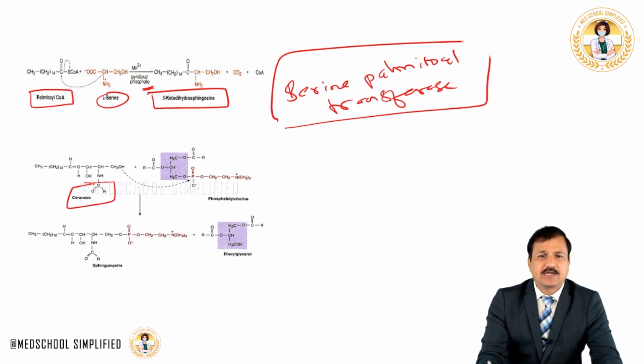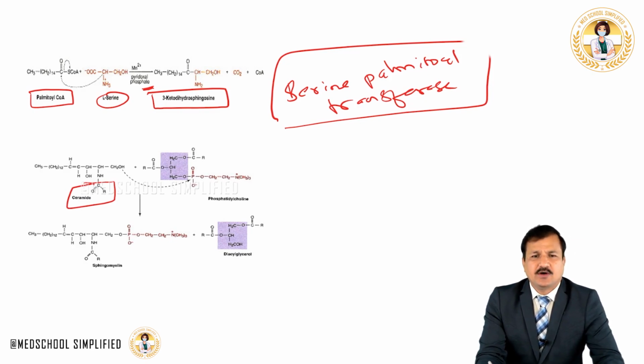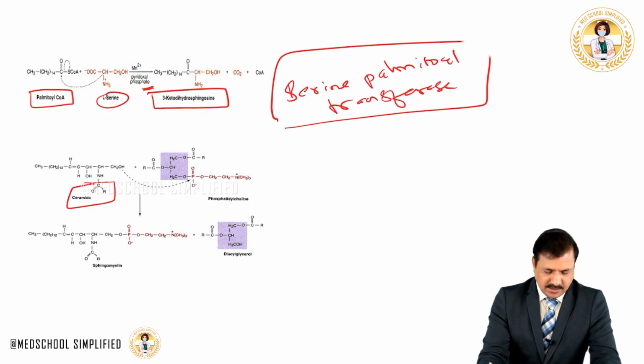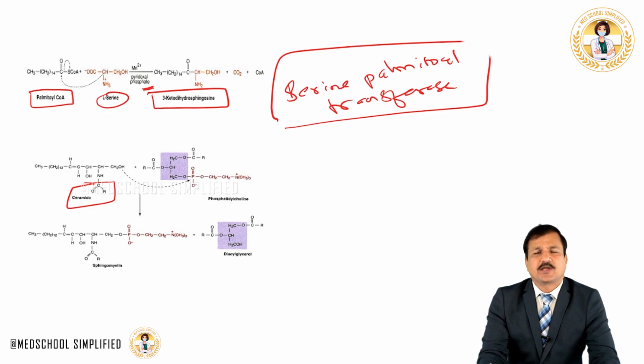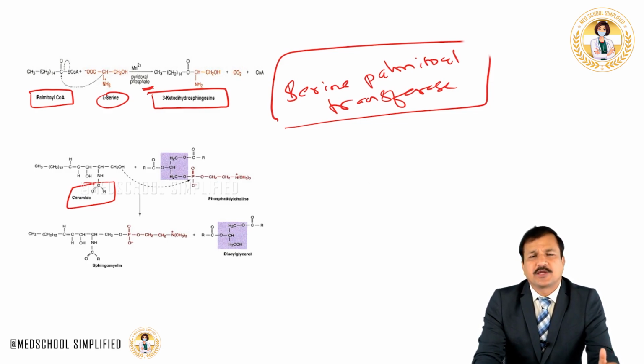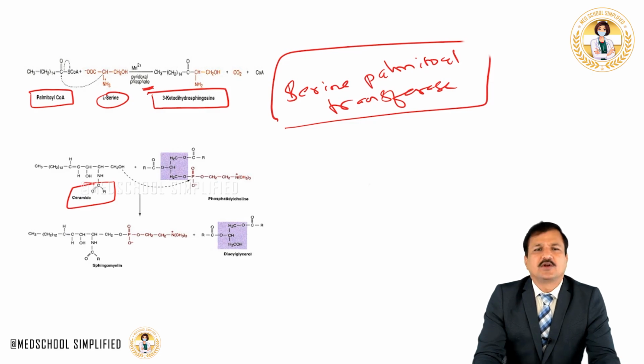So now let's see how a ceramide is converted into a sphingomyelin. Because ceramide is a core structure of natural sphingolipids. Note that a ceramide is the core structure of natural sphingolipids, and sphingolipids are present in nearly all body tissues, and also in the blood.